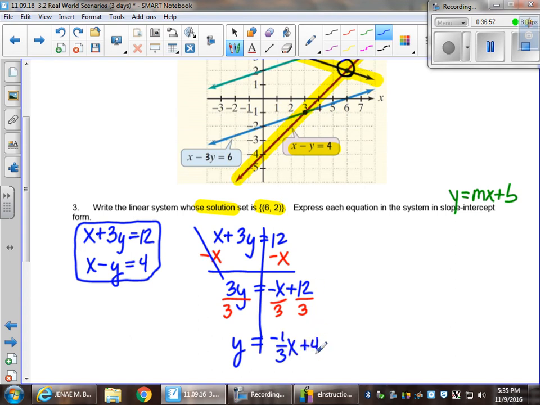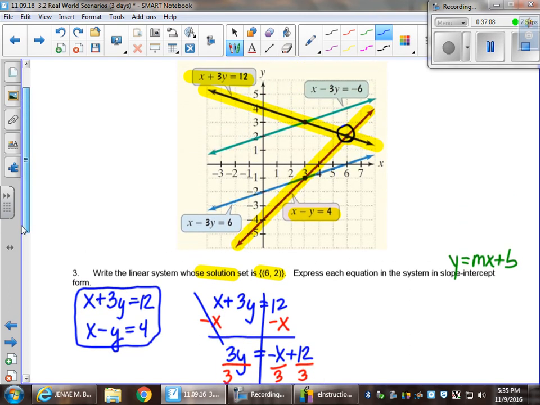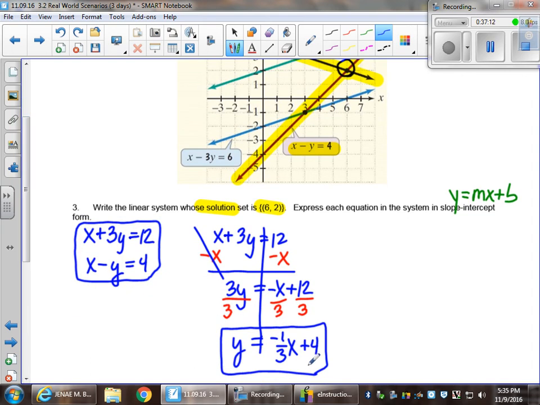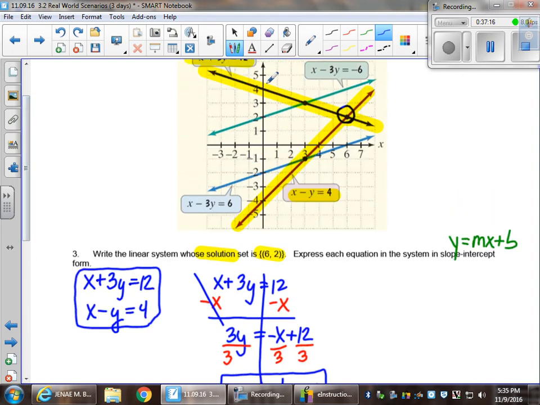I get a positive 4. That was for which line? X plus 3y equals 12, right here? Let's see, does this make sense? B is 4, and my slope is down 1, right 3. Let's see. Y-intercept is 4, down 1, 1, 2, 3, down 1, 1, 2, 3. Check that out. How awesome.